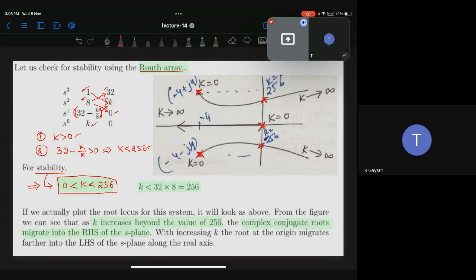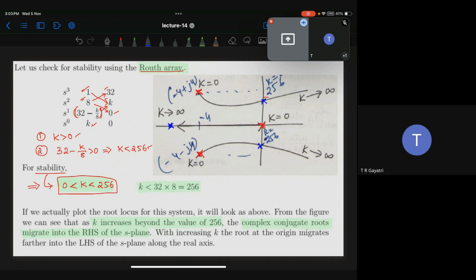Two poles you'll get on the j omega axis here, and one pole you'll get somewhere here. Is this clear? Yes, sir.